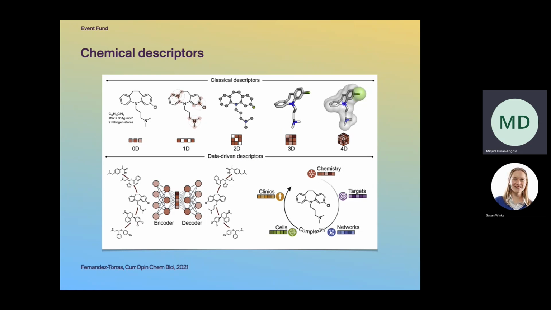And we even have 4D fingerprints, which capture not only the shape of the compound, but also, for instance, electrostatic characteristics of the different regions of this shape. This is what classically we have been using as inputs for machine learning.